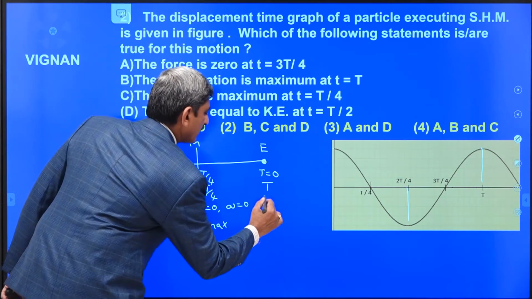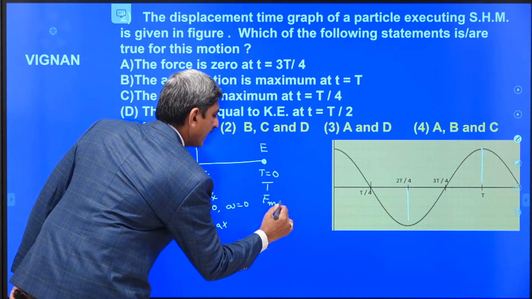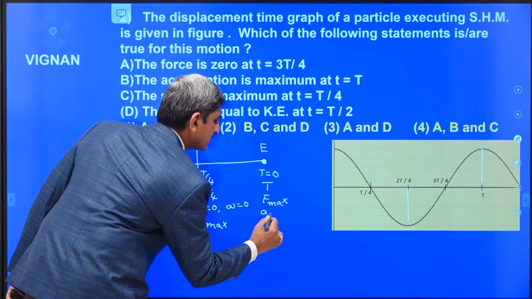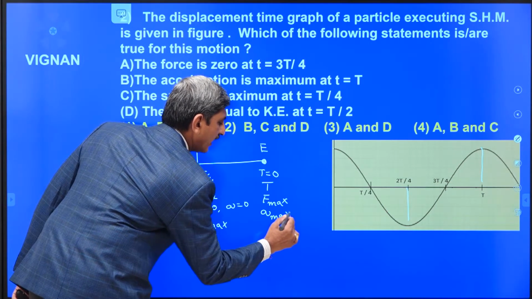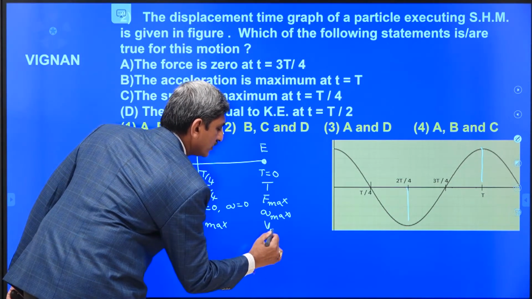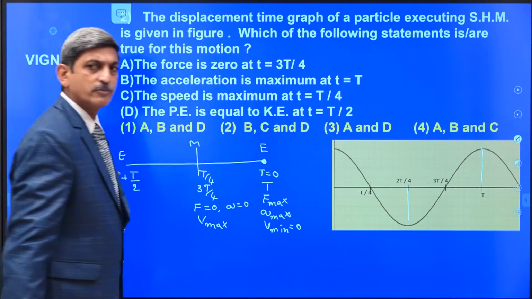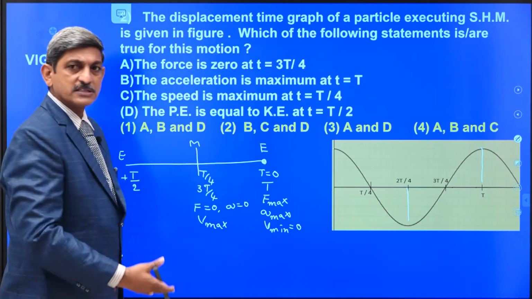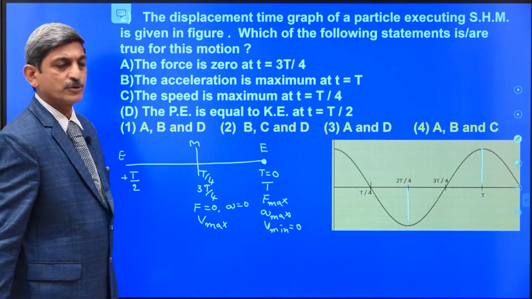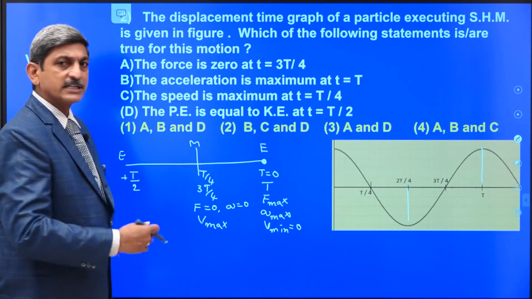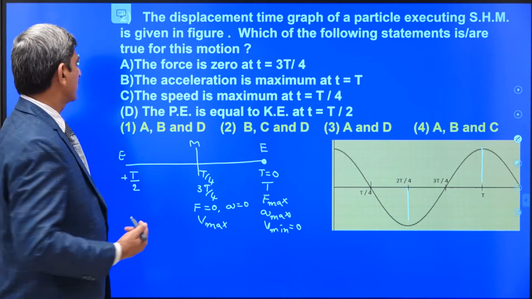Whereas the force is maximum and the acceleration is also maximum, and the velocity is equal to 0 at the extreme position of the simple harmonic motion. These are known for us, which are the fundamentals of the simple harmonic motion. Now using these, let us check the given conditions one after the another.